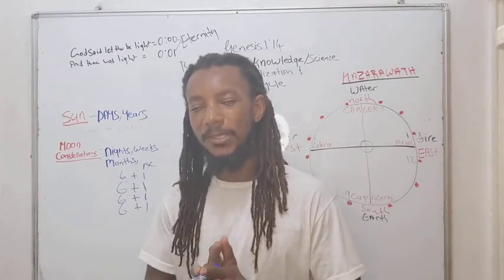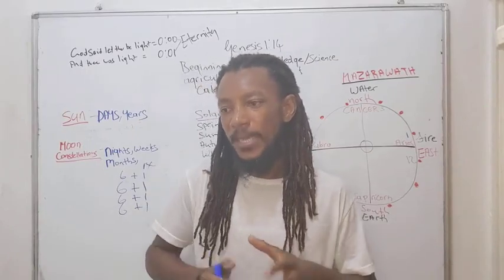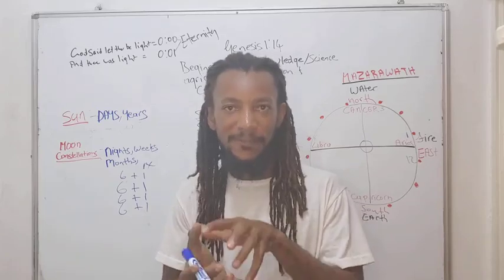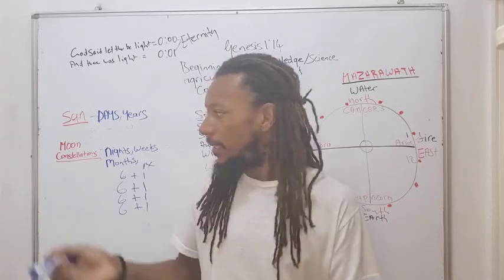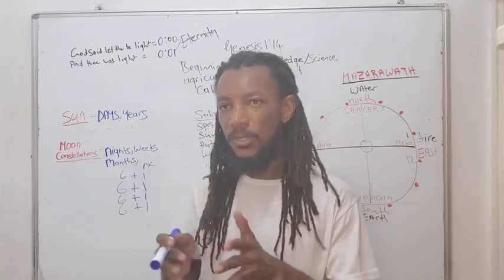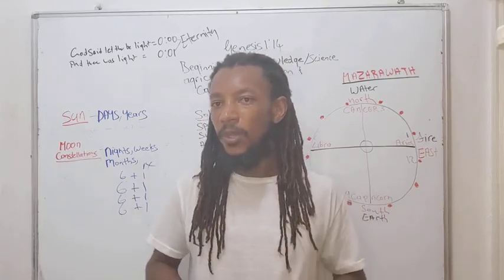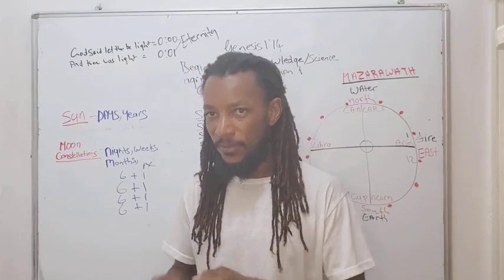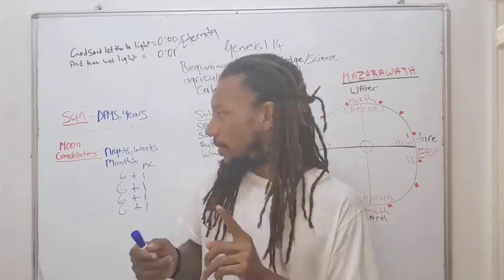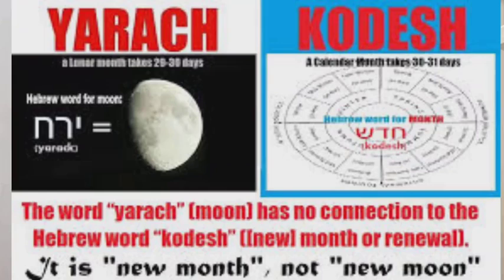Now, what you need to understand with Hebrew is Hebrew goes by a concrete function. English, moon is just moon. In Hebrew, if you're talking about the month, you have one word, yarak. You have one word to give a concrete definition of what you're referring to.